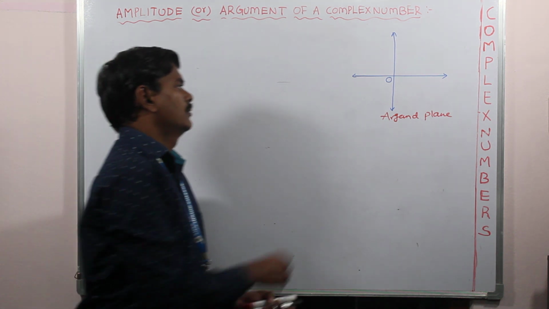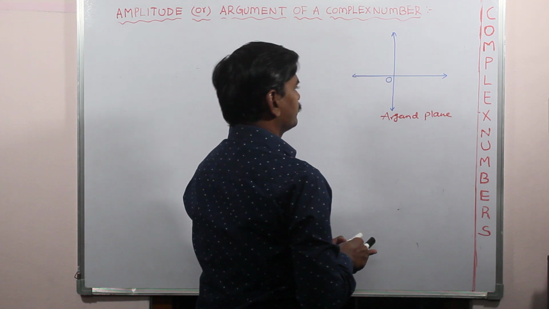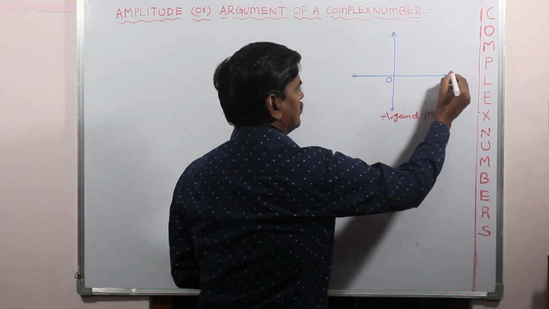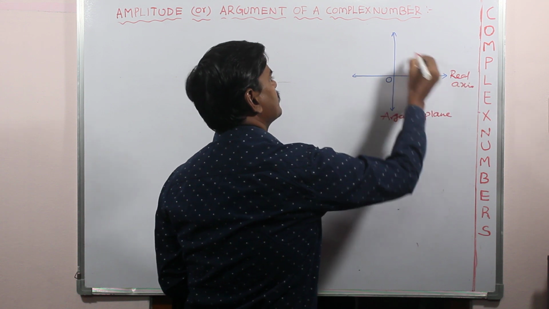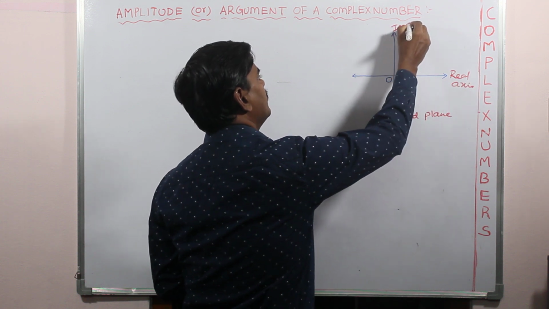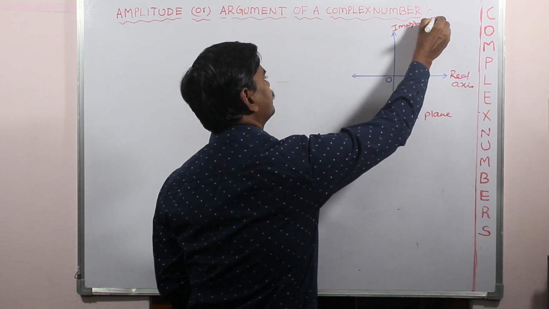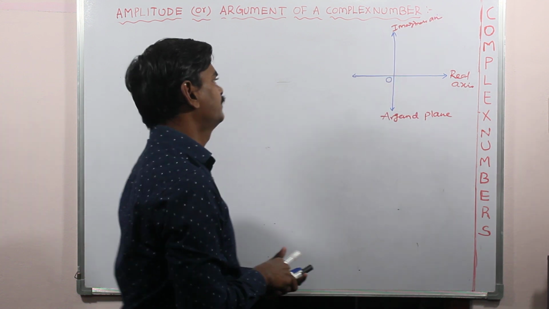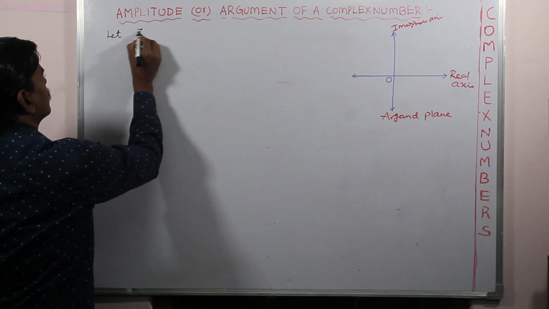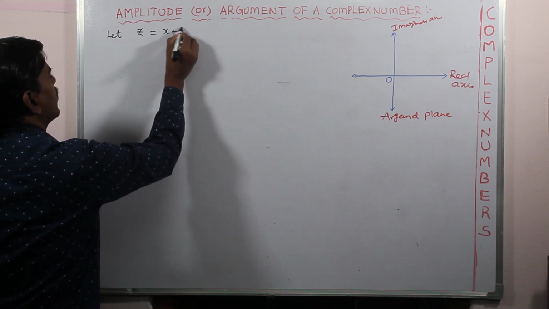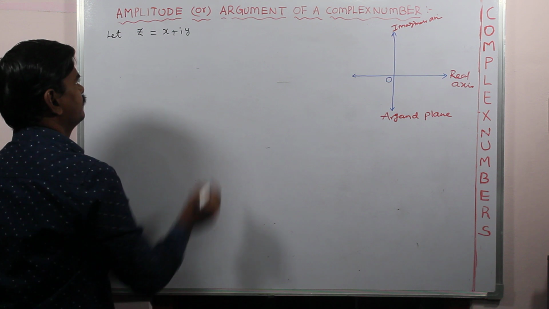So in argand plane, x-axis is called as real axis and y-axis is called as imaginary axis. Let us take a complex number z equals to x plus iota y.